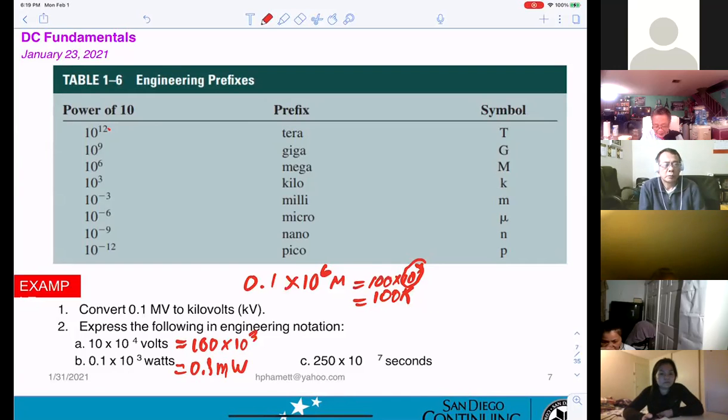How about 250 times 10 power of 7 second? If you look at the engineering prefixes, we don't have power 7. You can get only power 6, 9, 12, or minus 3, minus 6. So they give me equal 2500, right?